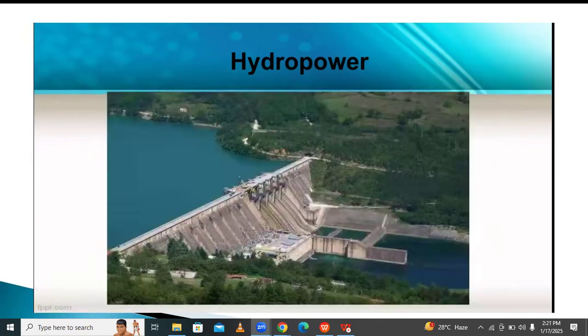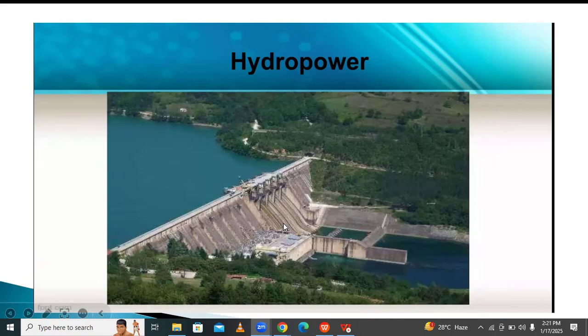Next, this is hydropower generation, with only one way of generation. Water flows from the dam through a canal to the river, and along it there is a power plant where we generate power by using turbines. The energy stored is potential energy, and it is converted into kinetic energy through the penstock when water flows.